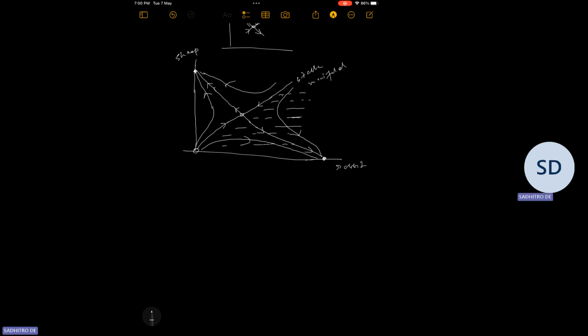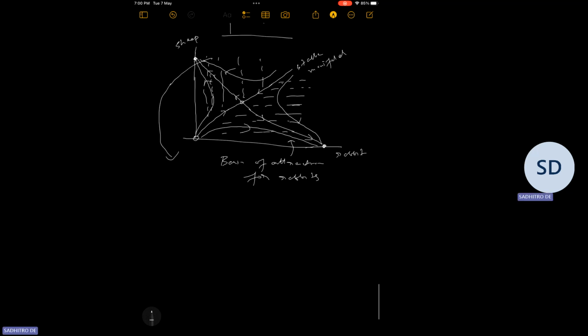So all the points to the right of the stable manifold form the basin of attraction for rabbits. So this is over here. And all these points which lie just above the stable manifold or to its left, they form the basin of attraction for the sheep.